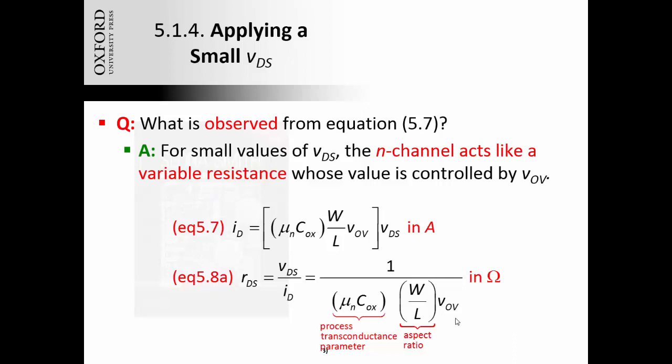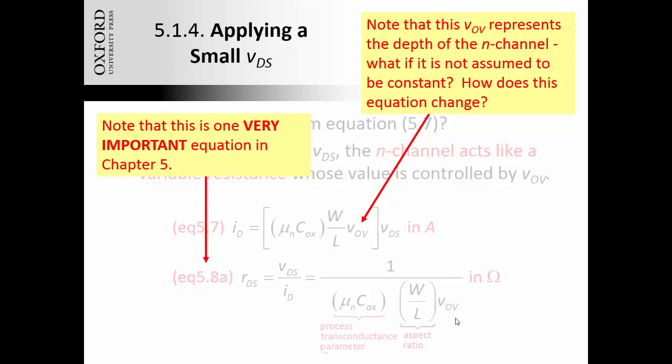So it goes down as a function of VOV, but then it tapers out to a minimum because there are other resistances involved in the channel besides just the resistance that's due to available charge, if you will, in the channel.